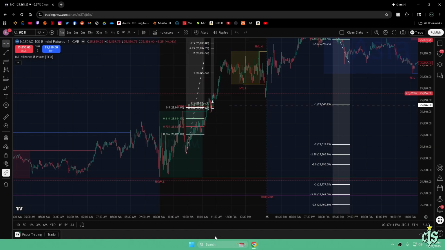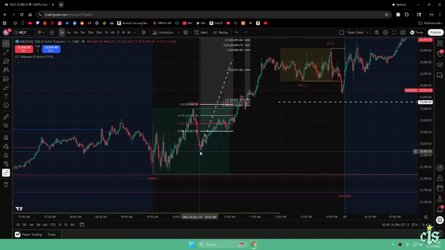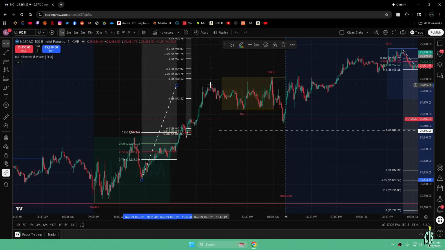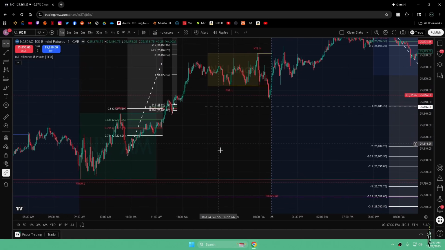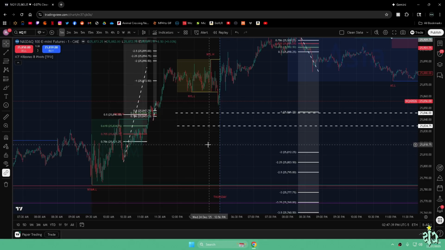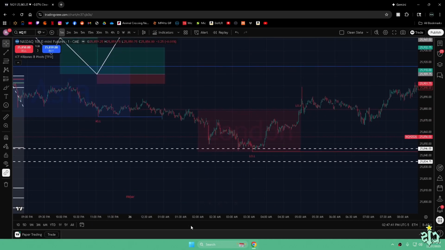So from this lower low right here, and I did it to the whole range, so to this higher high right here. You could even do it here if you want. This higher high. And then your OTE range would be right here. We mark that out. And what does the market do?